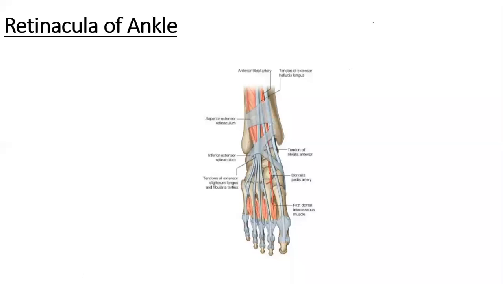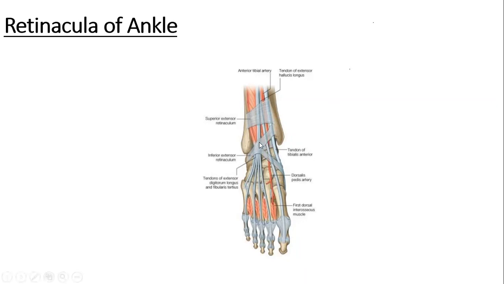Function of the superior extensor retinaculum is to hold the tendons from medial to lateral: tibialis anterior, extensor hallucis longus, anterior tibial vessels, deep fibular or peroneal nerve, extensor digitorum longus, and fibularis or peroneus tertius.